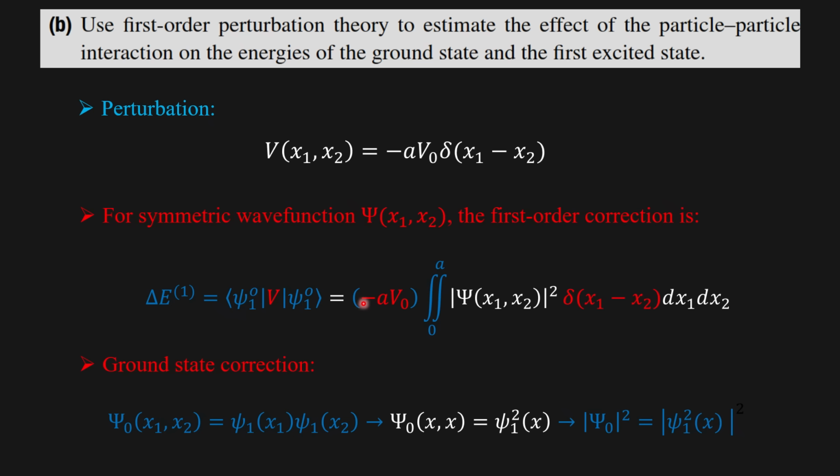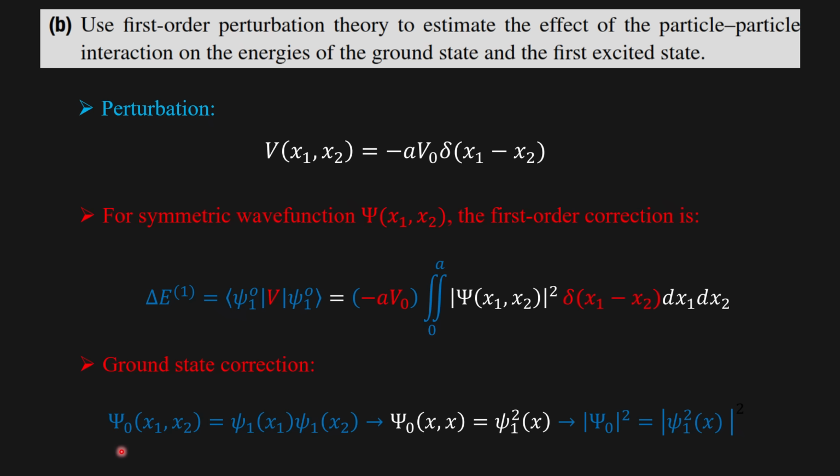We take that out: minus a V naught, then a double integral, because one integral is with x1 and the other with x2, of modulus psi of x1, x2 whole squared times delta of x1 minus x2 dx1 dx2. As I said, this integral is non-zero only if x1 is equal to x2, so we will take that one.